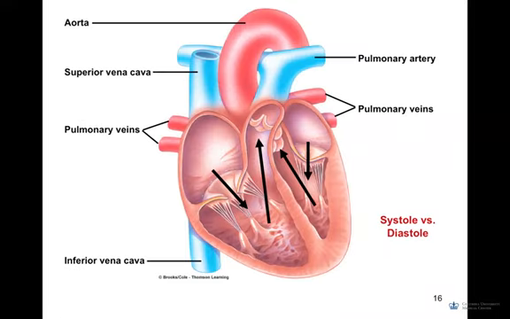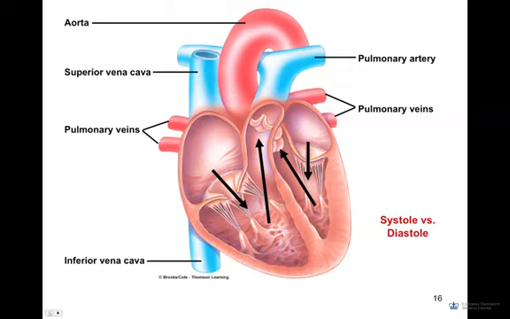Even though in the last chapter we followed the path of blood through the heart from chamber to chamber, in fact blood tends to flow in alternating movements, where both atria contract at once, followed quickly by both ventricles contracting at once.